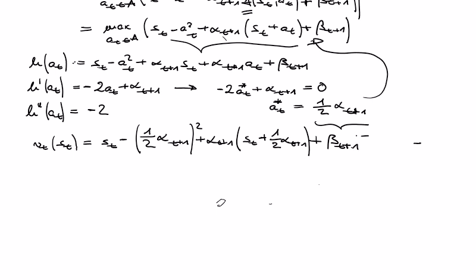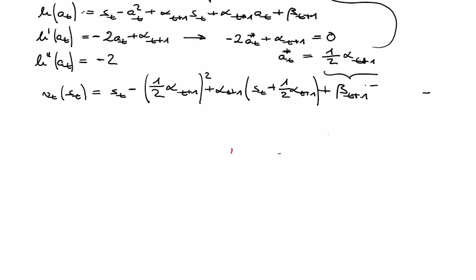And this we can essentially just rearrange to make it of the form of our structural proposal for the value function. So just by rearranging, we get s_t here, we get 1/4 alpha t plus 1 squared plus alpha t plus 1 times s_t plus 1/2 alpha t plus 1 squared.